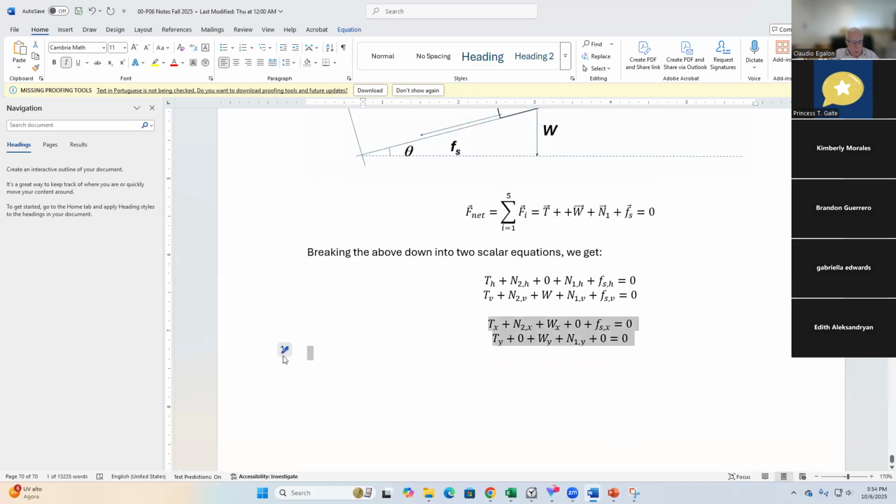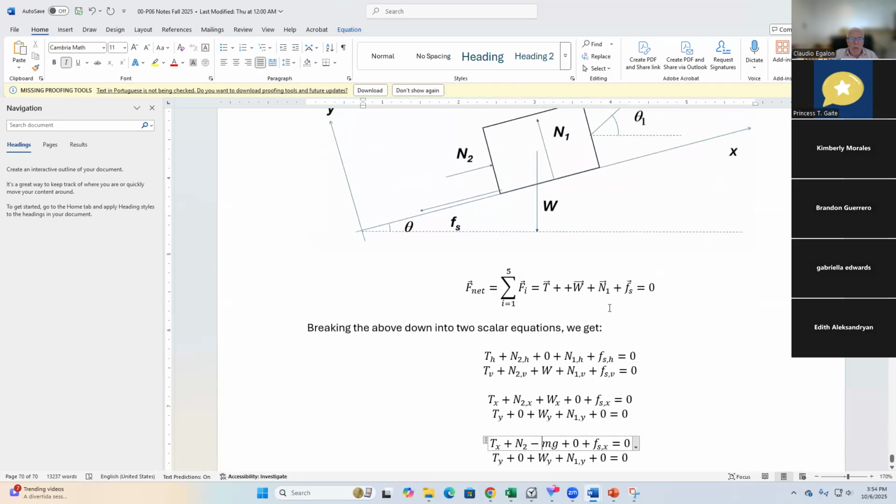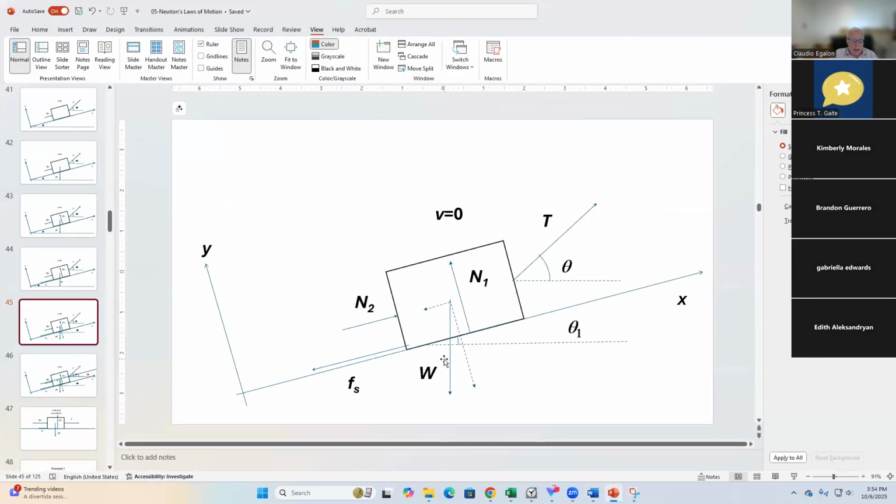And we can here write, simplify that. Here you go. The normal 2 has only an X component, so we can write down as a normal 2. Wx is going to be mg. Don't forget this is in the negative direction, right? Mg, which angle is that going to be? Let's see here. This angle is theta.